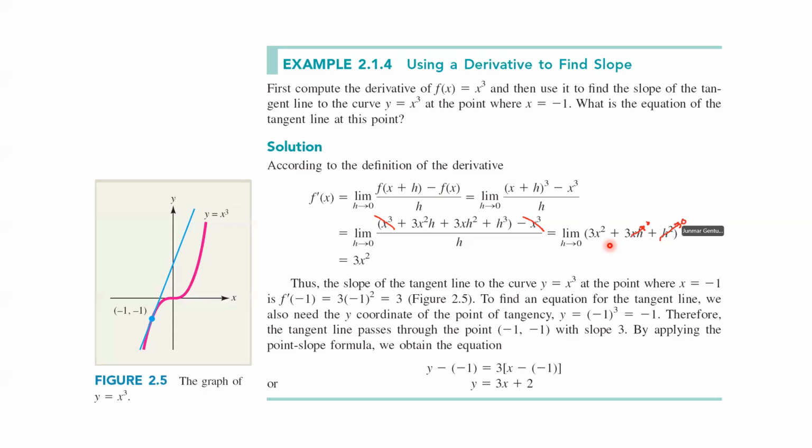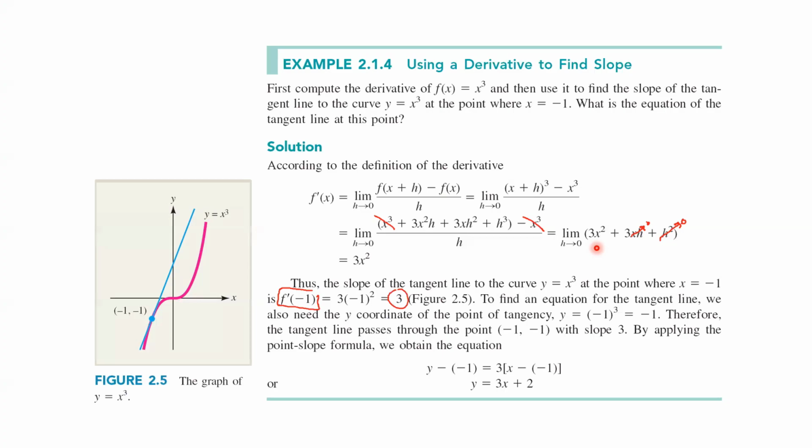Therefore, what is left is 3x squared. Now substituting x equals -1, f prime of -1 gives us 3. This means that the slope of the line tangent to the curve y equals x cubed at x equals -1 is 3.